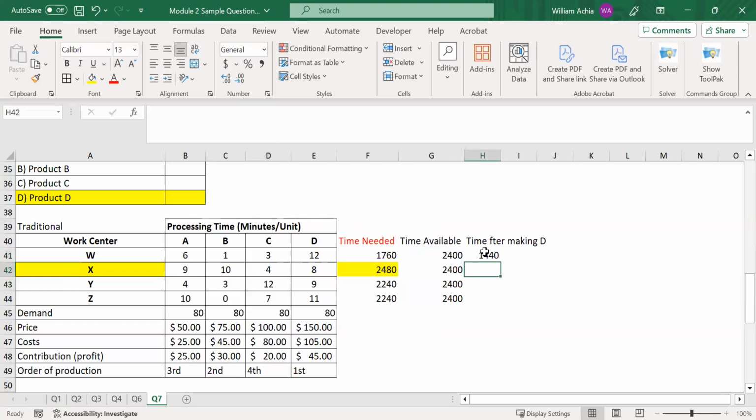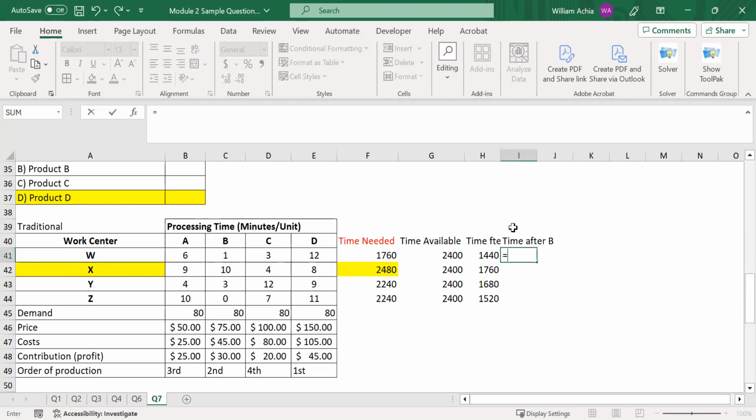So after we make all 80 units of D, we have all positive numbers here, so that tells me we had enough time to make all 80 units of D. I then move on to the next product, which our second priority here is B, and ask how much time will we have left over after making B. Here again, we start off with 1440 minutes left over.